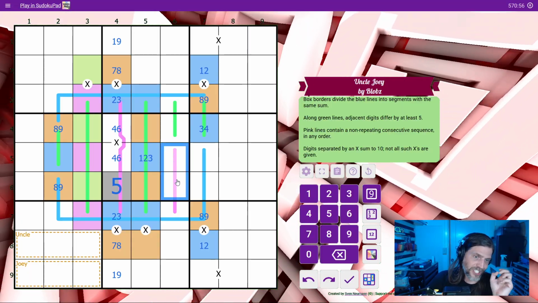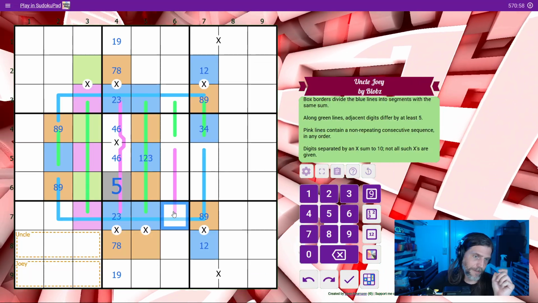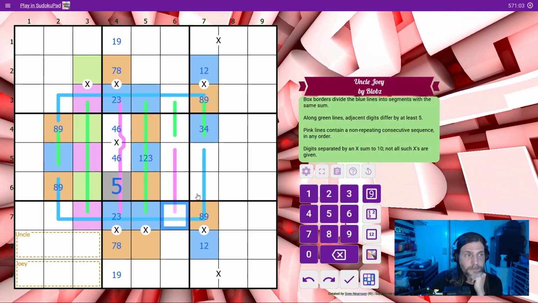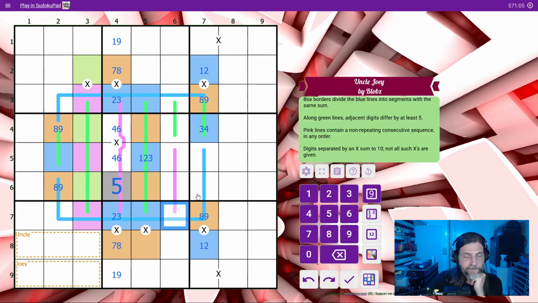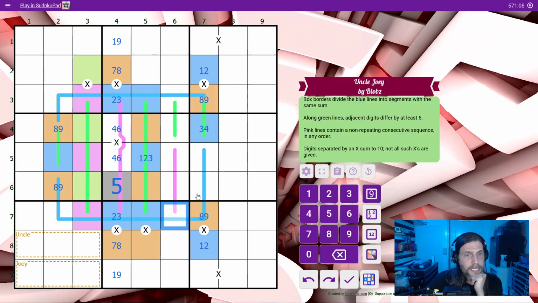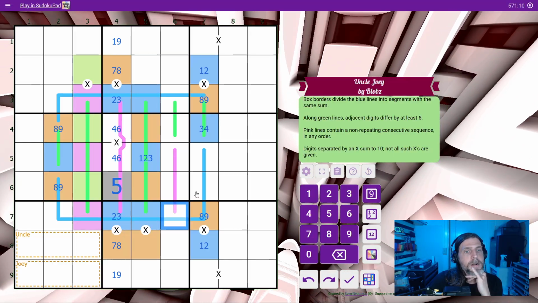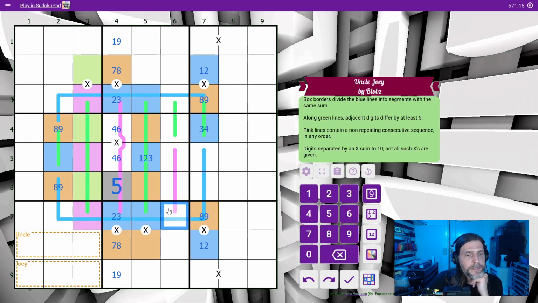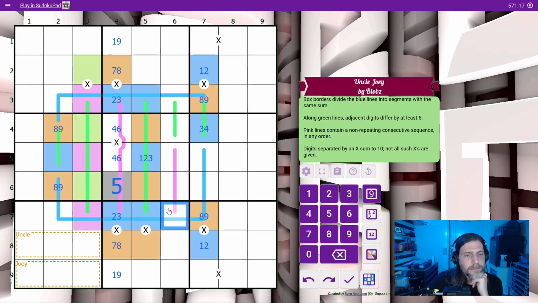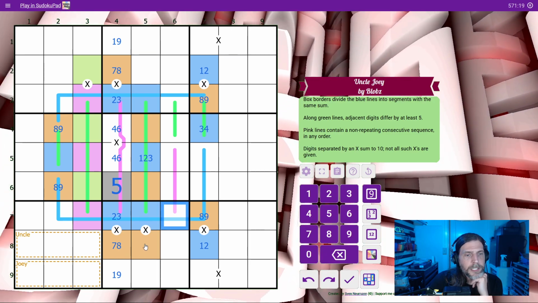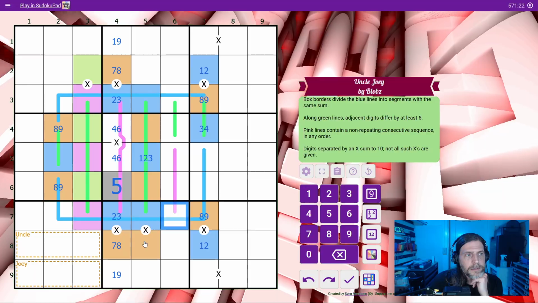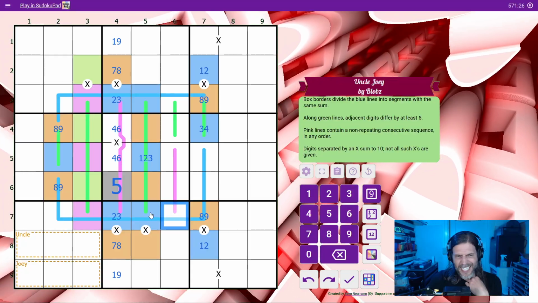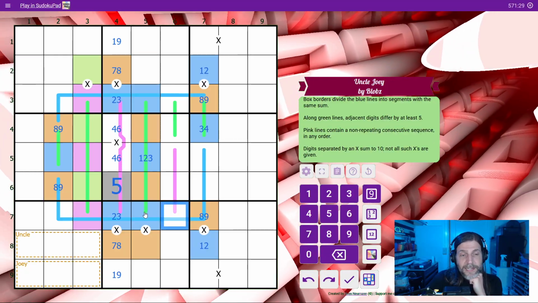If we try to put a low digit and a high digit, then this has to be a 5. Is that okay? For this to be a 5, that would be 1, 9, I think. Could it be 5, 2, 3? Could it be 10? If this were 5, this would have to be 1.